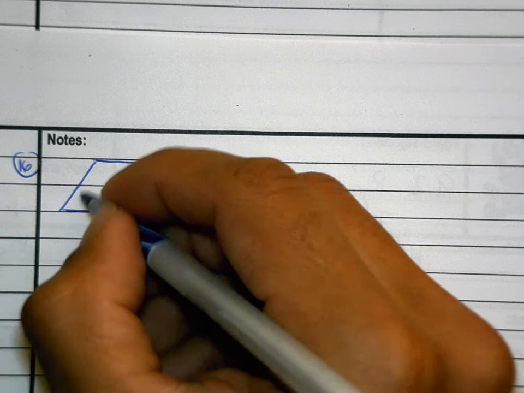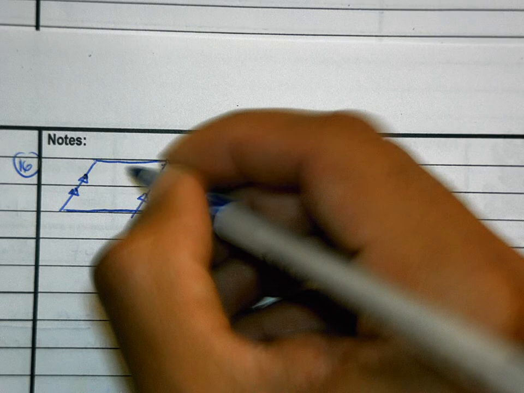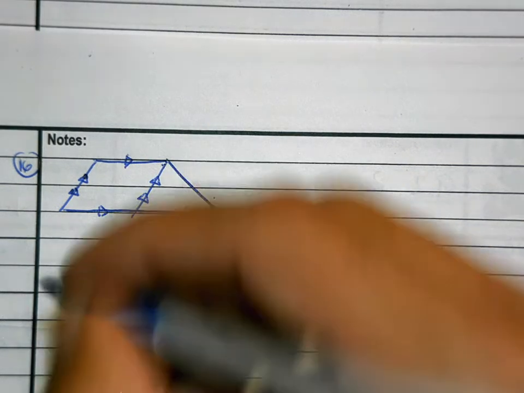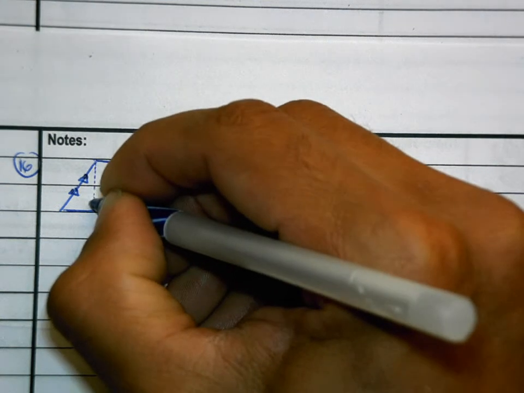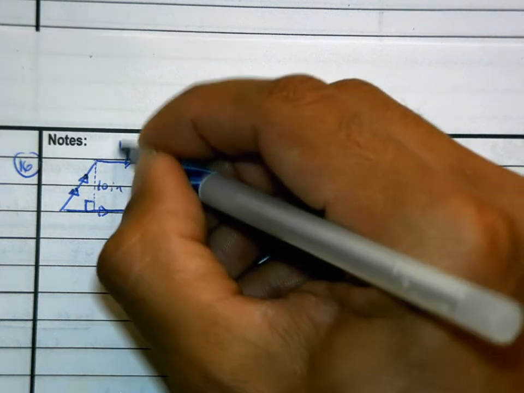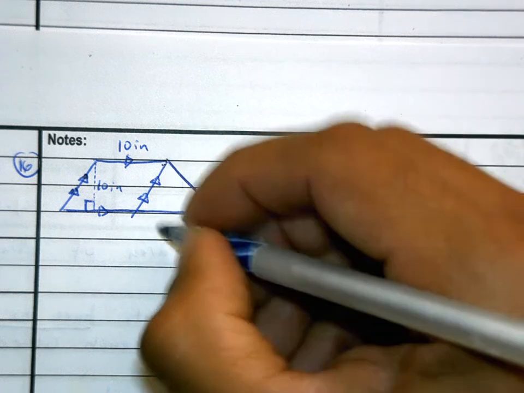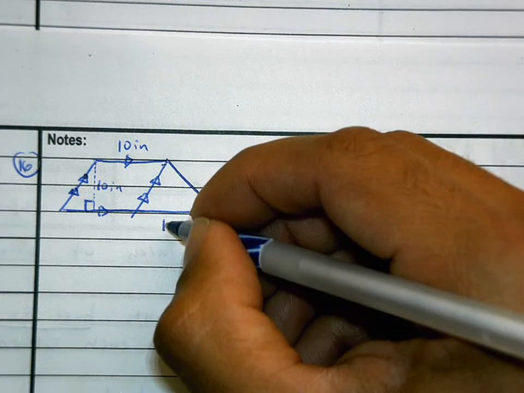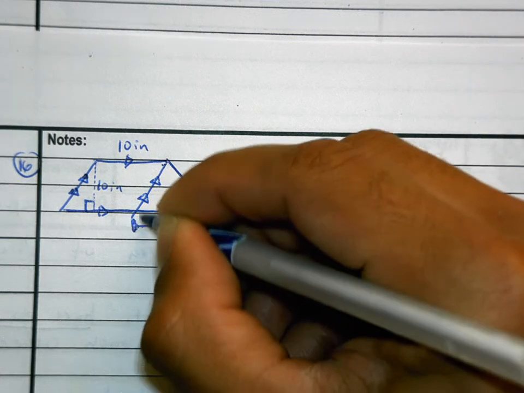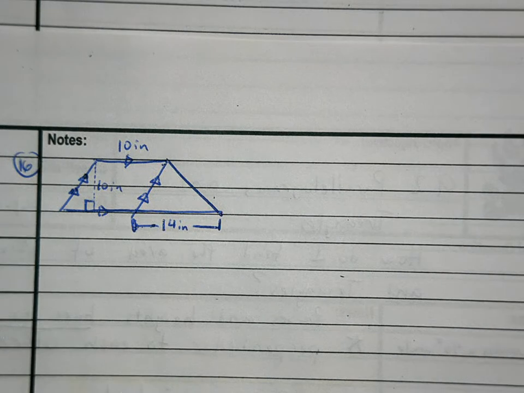It has an arrow and an arrow, and an arrow and an arrow, dots, a perpendicular, 10 inches, 10 inches, and 14 inches from here to here. And it says, find the area of each figure.